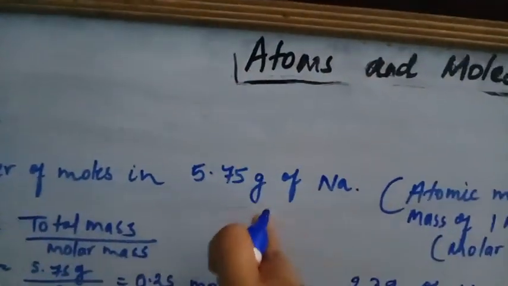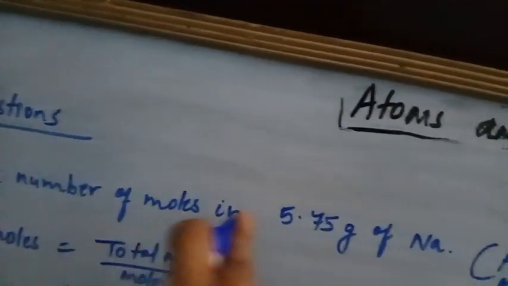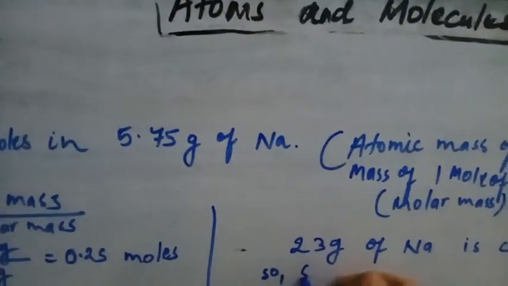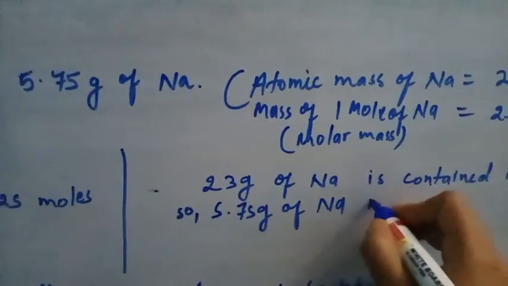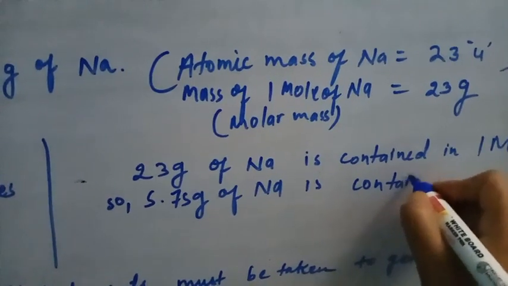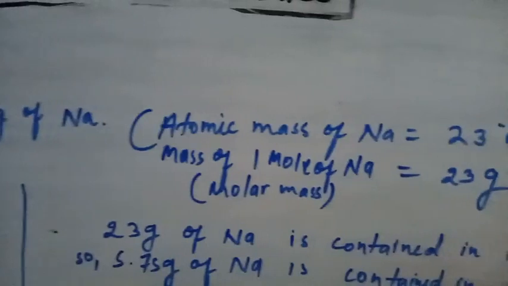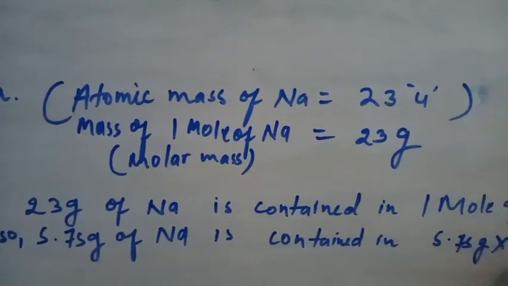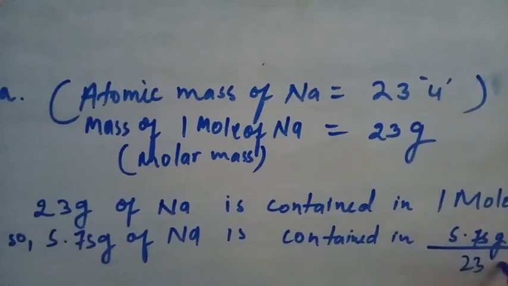What is it asking? To find out the number of moles in 5.75 gram of sodium. We know that 1 mole of sodium contains 23 grams of sodium. So 5.75 gram of sodium atoms is contained in how many moles? We will calculate by the unitary method: 5.75 gram into 1 mole divided by 23 grams.